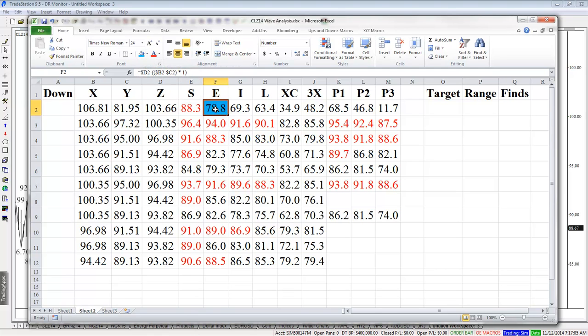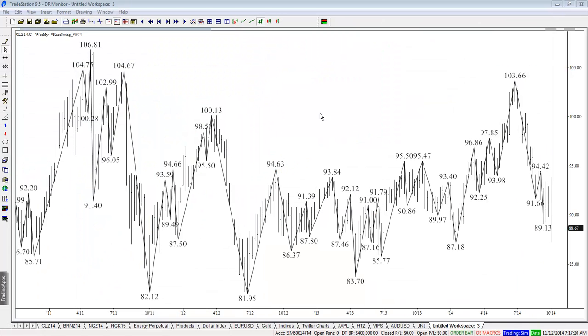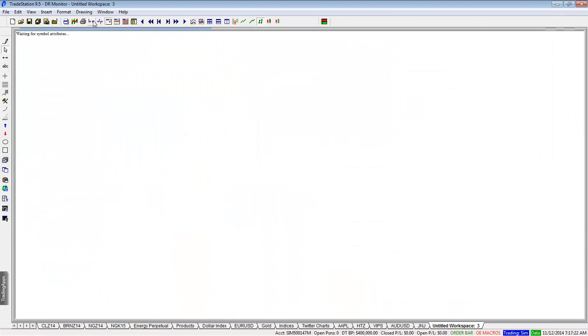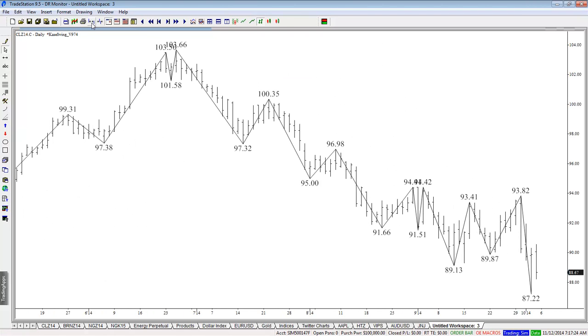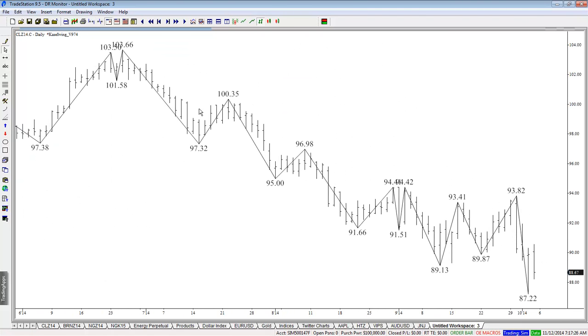So I want to start looking for waves that are right around plus or minus 35 cents, and I might expand or contract that range a little bit, since that's a very important target. Now, the second most important wave on the chart when we start to look at the daily is going to be this wave down 103.66 down to 89.13 back up to 93.82.